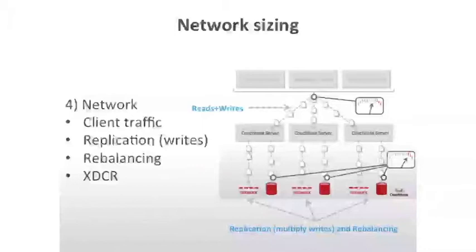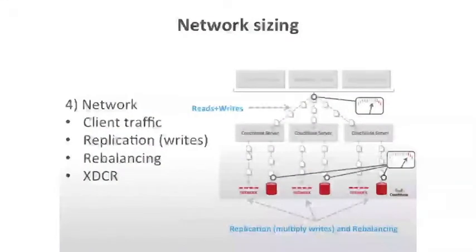We have a benchmark that we did with Cisco showing 10 gig networks providing sub-100 microsecond latencies end to end, whereas single gigabit networks are about 500 microseconds. Amazon is up to about 2 milliseconds of latency. And so if that as part of your application becomes a critical factor, the network is going to be the determining factor for latency that you get back from Couchbase.